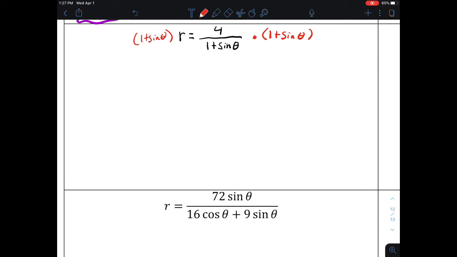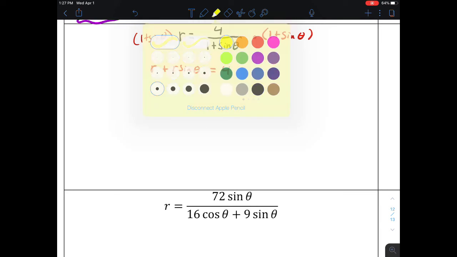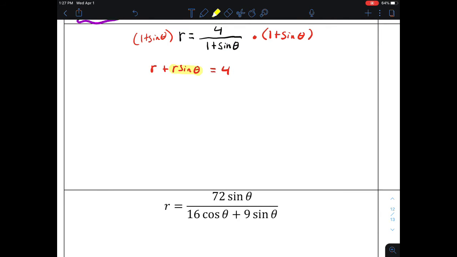And when I do that, I'm going to have r plus r times sine of theta is equal to 4. And I'm going to go ahead and say, hey, let's convert r sine of theta into y. And so we have r plus y is equal to 4.